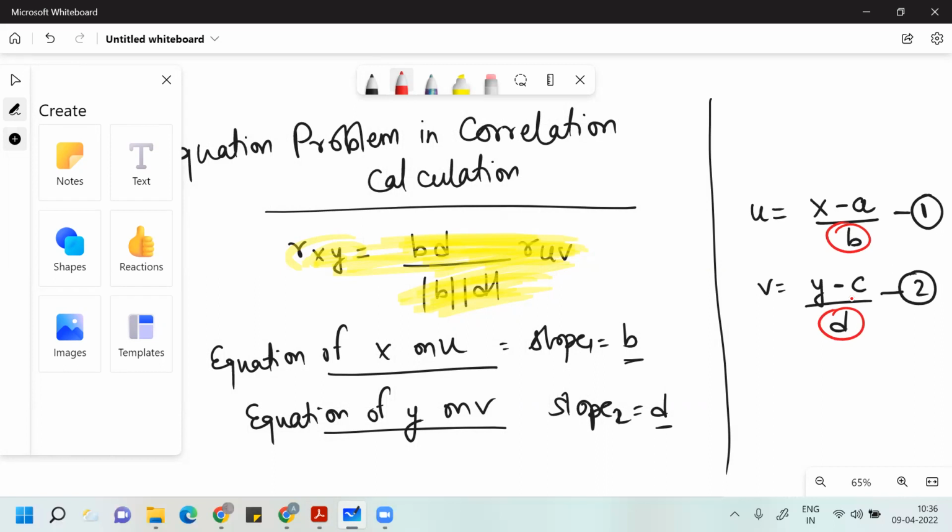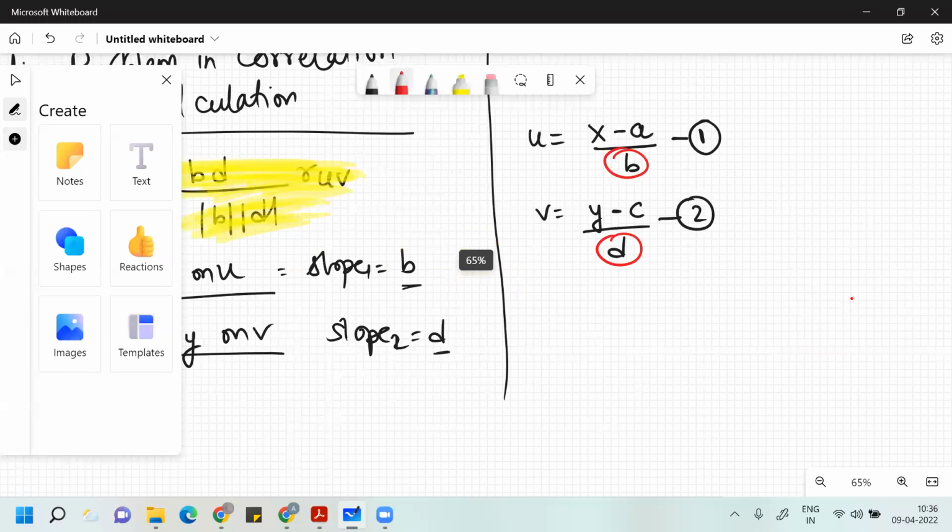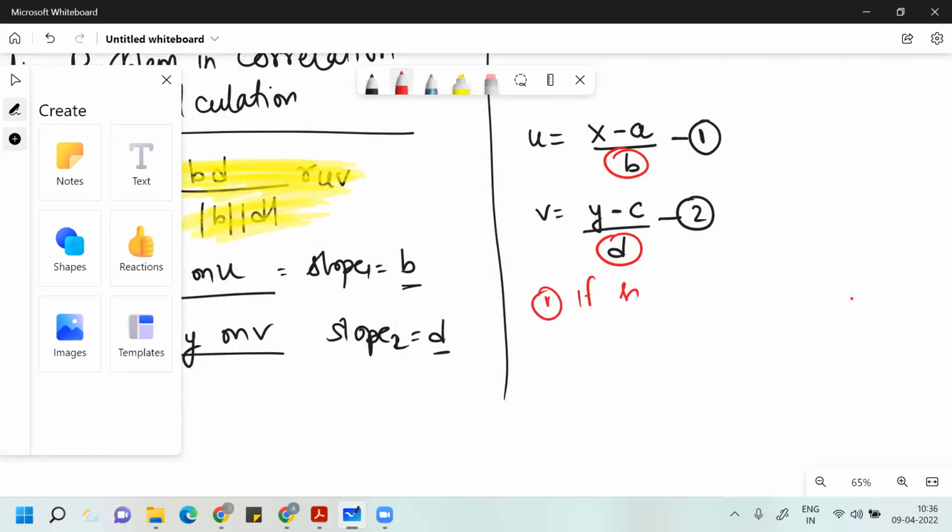You just need to find their values and then see the sign of b and d, guys. If the sign of b and d are the same, then r of xy will be equal to r of uv.